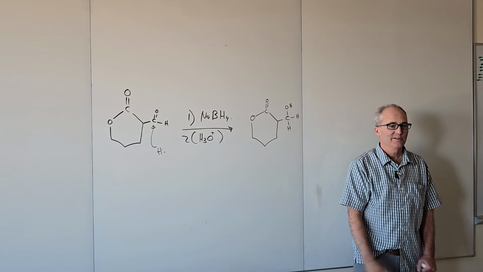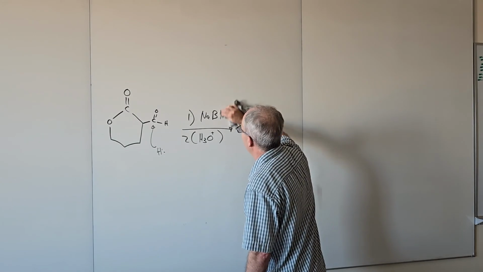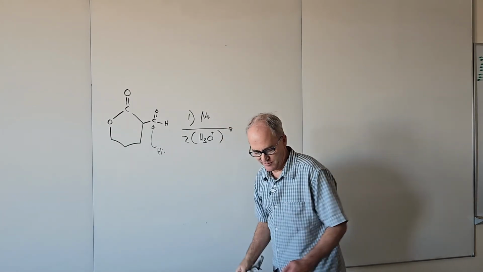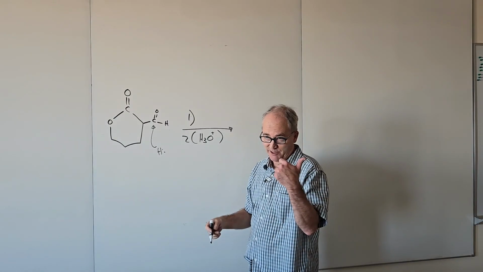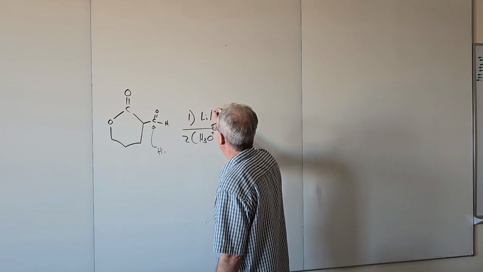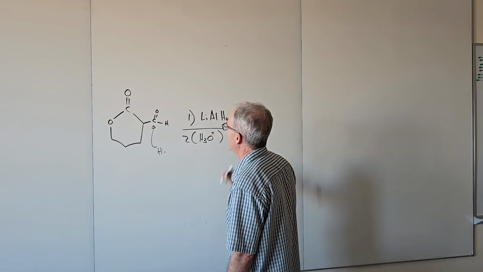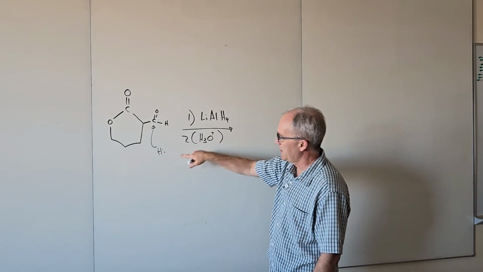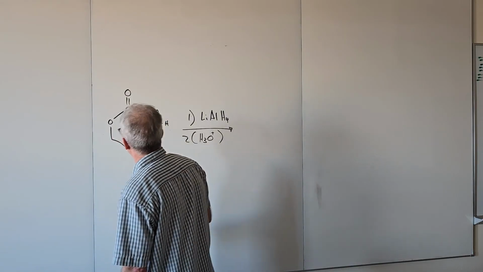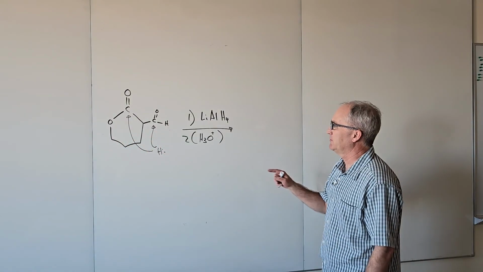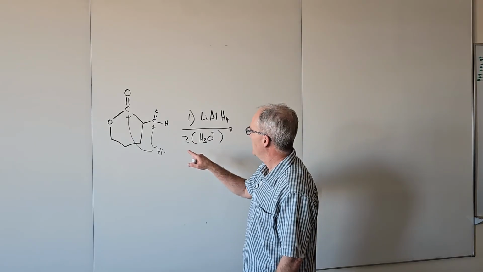Any questions about this reagent? What other reducing agents did we study in the alcohol chapter? Lithium aluminum hydride. Now this is going to send the hydride there, and in there. So this is going to take a little undoing.